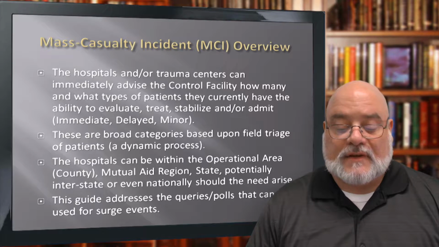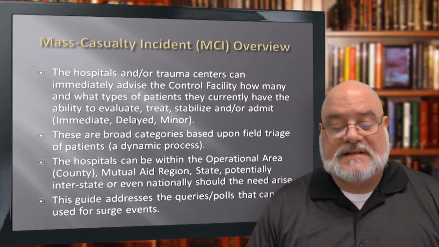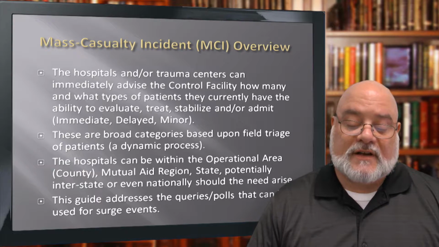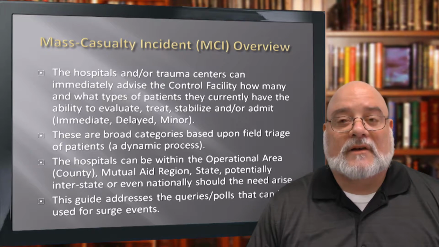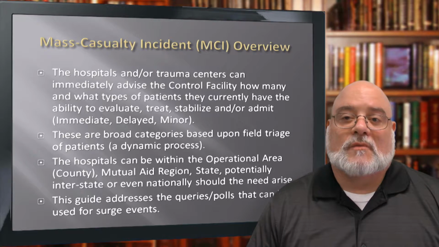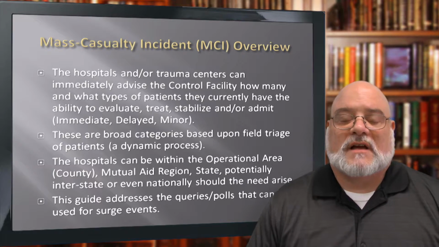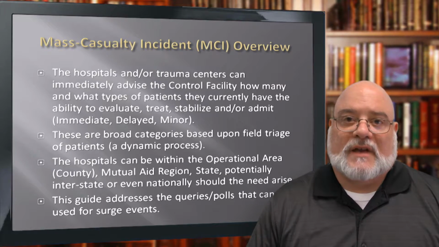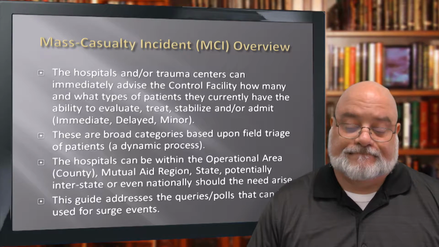The hospitals, again, are within the operational area, mutual aid region, state, and potentially interstate or even nationally should the need arise. This is what happened back in Hurricane Katrina, where patients were distributed over multiple different states because the infrastructure of the healthcare facilities in Louisiana, in particular New Orleans, was devastated.